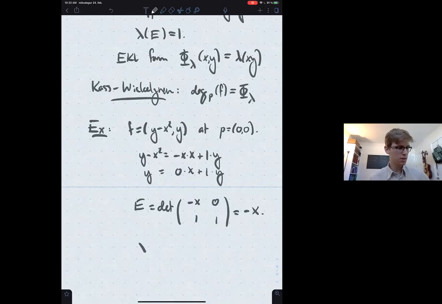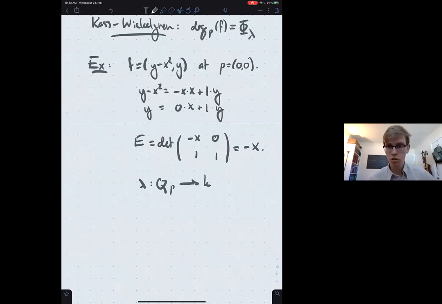And so I'm going to define my linear form. I just need to define it on basis elements, since this is a K-linear form on a K-vector space. And the quotient by this is generated by 1 and x, since I've killed off y and I kill off x squared.